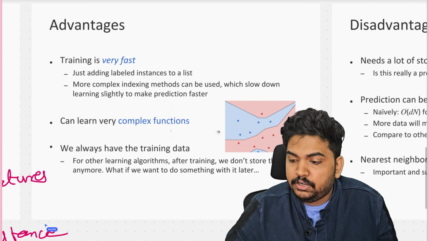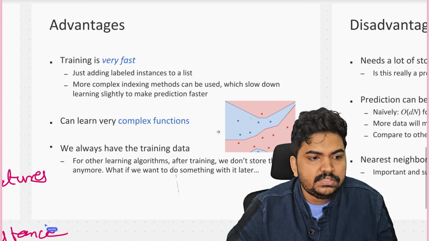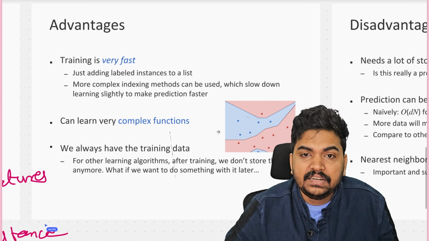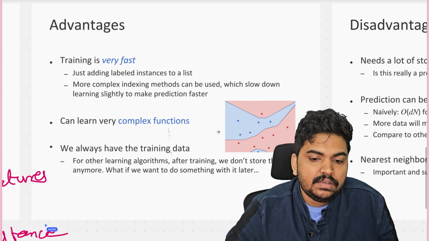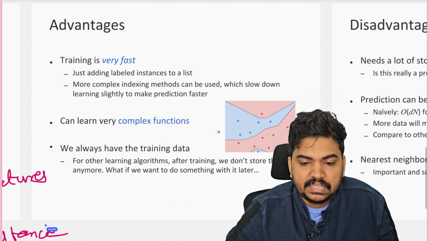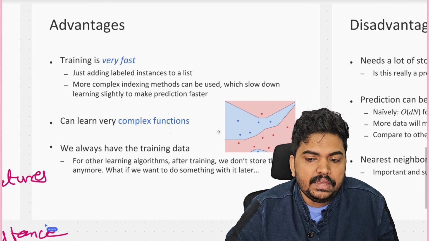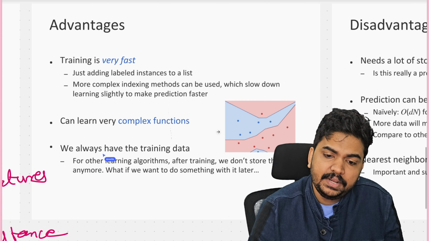Now if you look at the advantages of k-nearest neighbors, the training is very fast. Just adding labeled instances to a list, that's it, nothing else. One may employ more complex indexing methods. It can slow down learning slightly, but can make prediction faster.